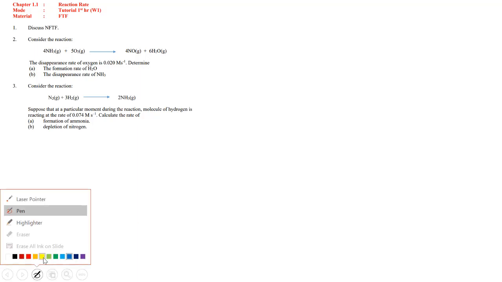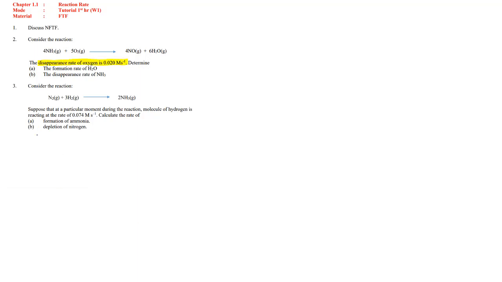Determine the formation rate of water and determine the disappearance rate of ammonia. Alright, so firstly, for question 2a, the question asks you to determine, which means you have to calculate, the formation rate of water vapor.